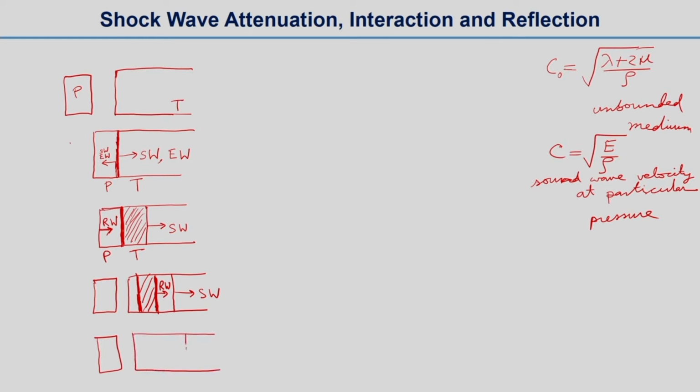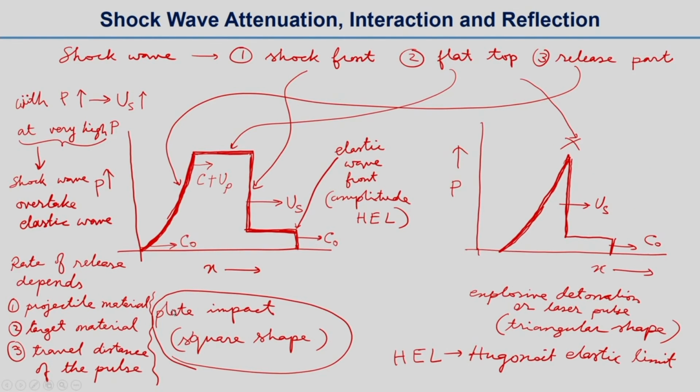this release wave will interact, actually this release wave will go faster. So, if we see in the earlier slide, we know that this is C plus UP, the start of the release wave, and this is C naught which is the end of the release wave. So, the end part of the release wave goes slower, C naught is less than C plus UP, and in this case US is the shock wave velocity.